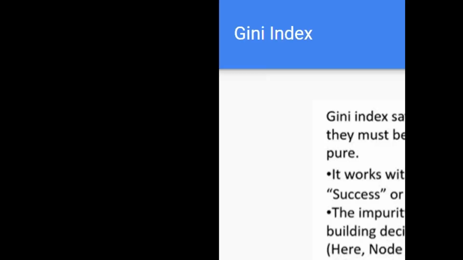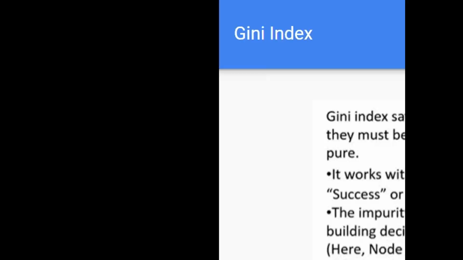Suppose in a bag full of balls, all the balls are blue. That is pure data, because everything is the same. But if there are 50% blue balls and 50% red balls, that is impure data, with only 50% purity.